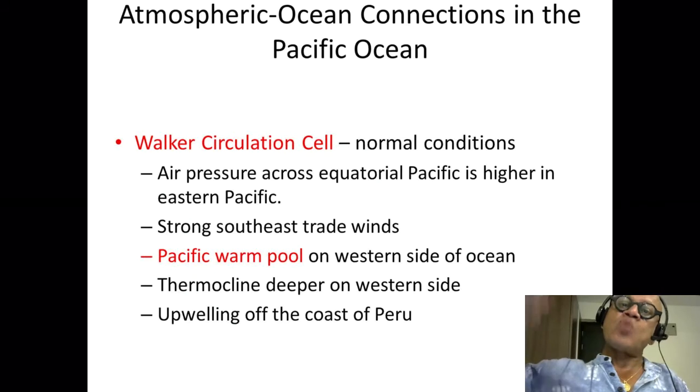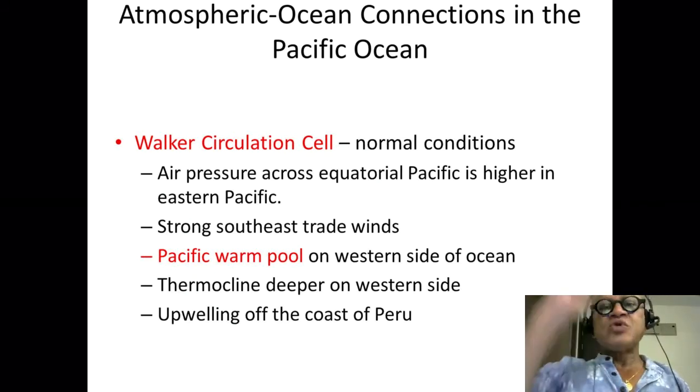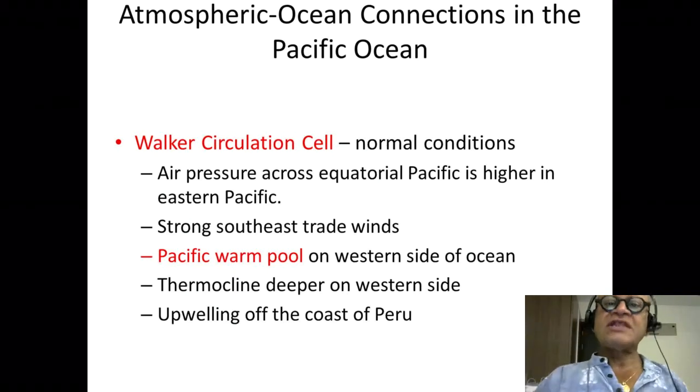So the rising motion in the atmosphere is referred to as ascent or ascending motion. Not a big surprise. The sinking motion is called descent or subsidence. Okay, so wherever you have subsidence like the subtropical gyre or the East Pacific, you have high pressure, clear skies, no rain, dry weather.